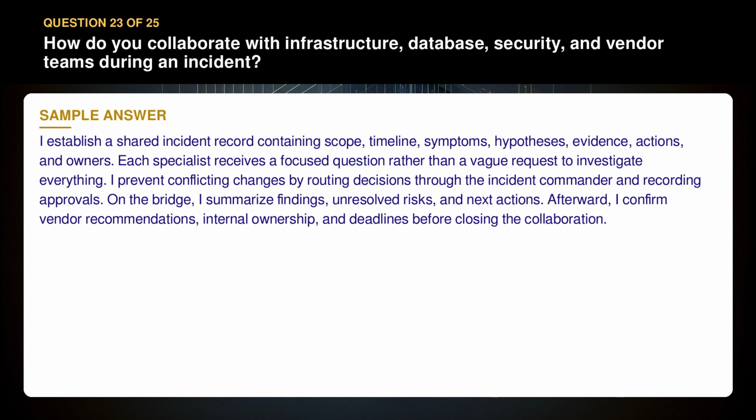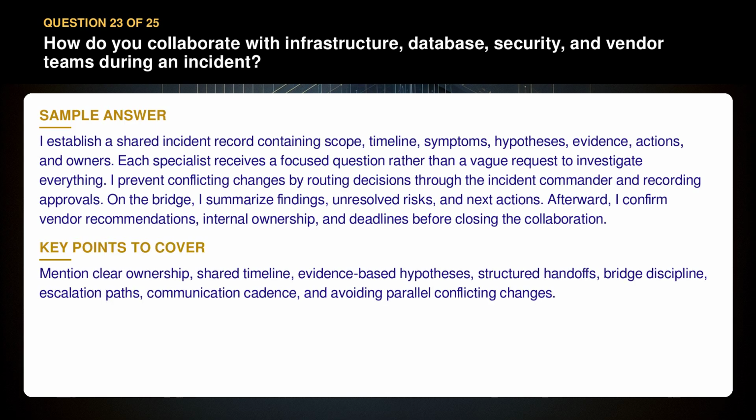On the bridge, I summarize findings, unresolved risks, and next actions. Afterward, I confirm vendor recommendations, internal ownership, and deadlines before closing the collaboration. Mention clear ownership, shared timeline, evidence-based hypotheses, structured handoffs, bridge discipline, escalation paths, communication cadence, and avoiding parallel conflicting changes.